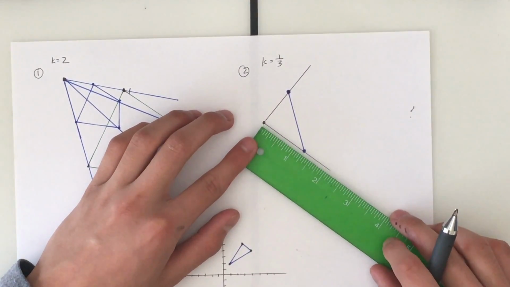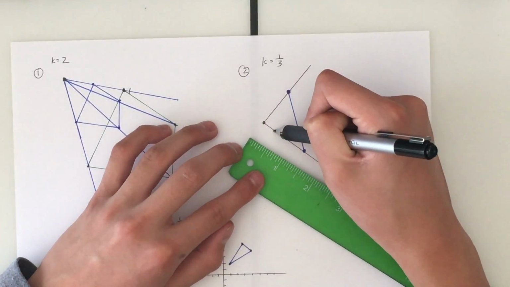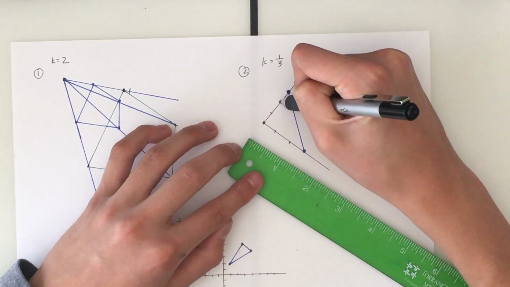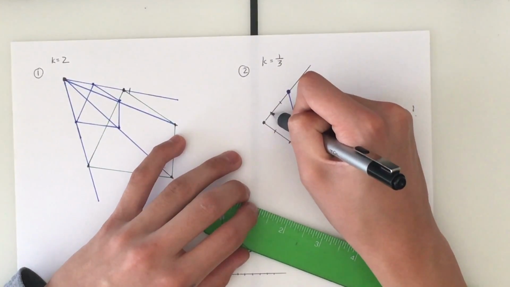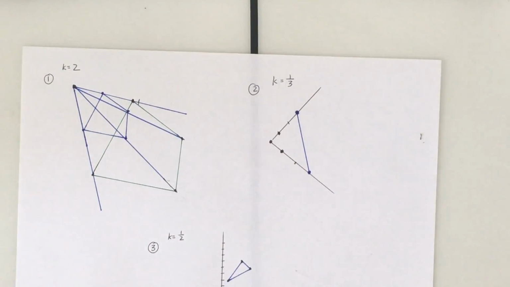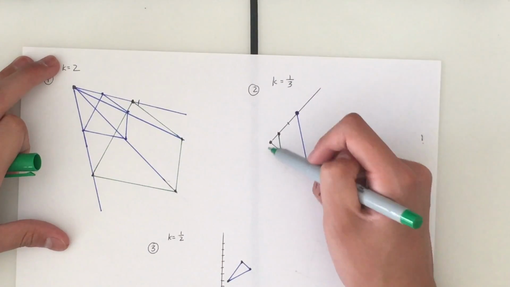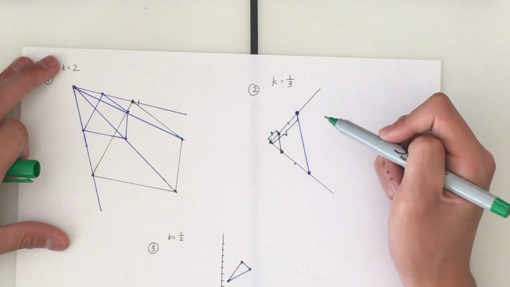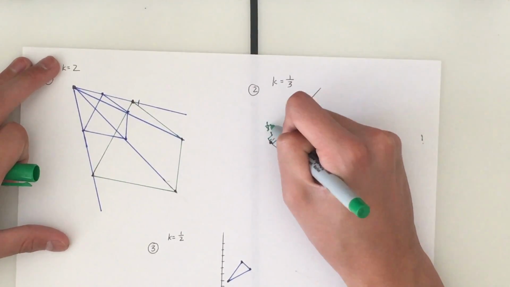Since it's 1 over 3, we're going to divide this segment into 3 equal parts. Since the segment is supposed to be 1/3, it will be these points. So this is our dilated segment with a scale factor of 1/3, because this distance right here is 1/3 the distance of this. If this was x, then this has a length of 1/3 x.